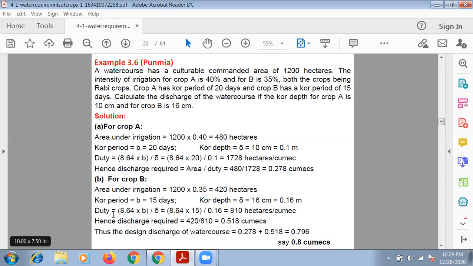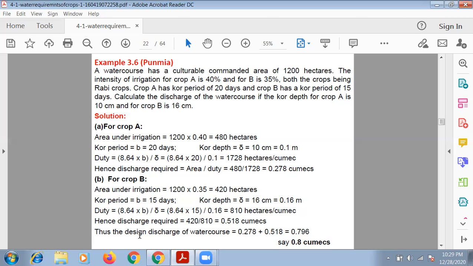So duty is equal to 8.64 B divided by delta. So B is 15 days, delta is 0.16. So it is 810 hectare per cumec. So now the discharge required is area divided by duty. So it is 0.518.